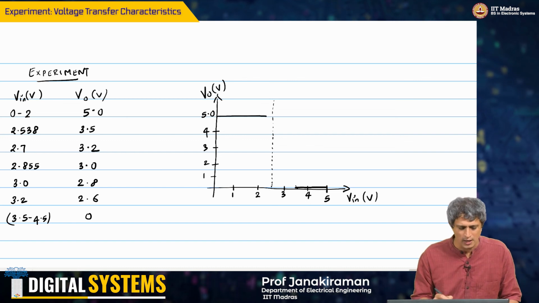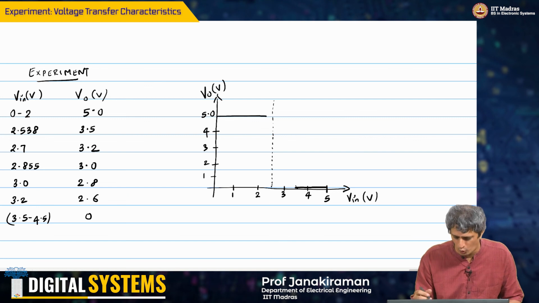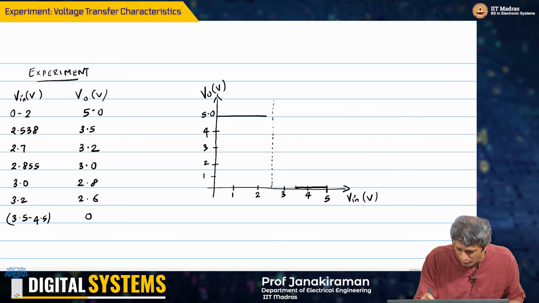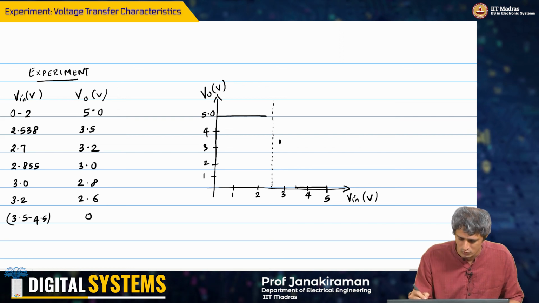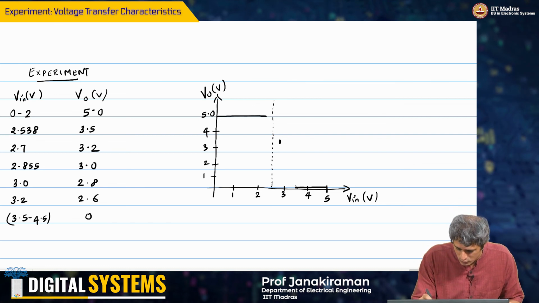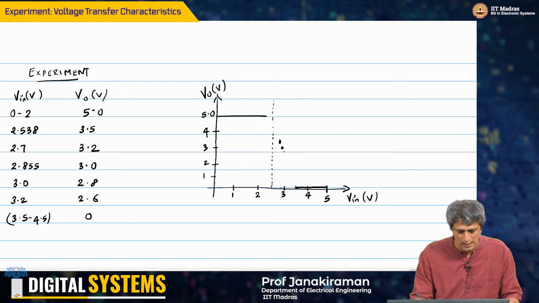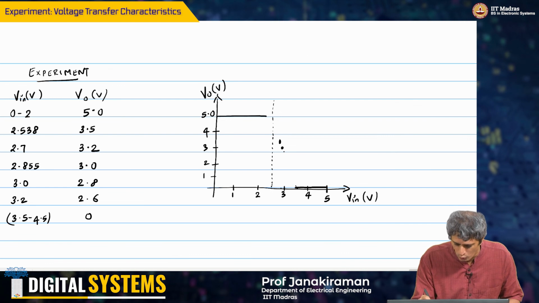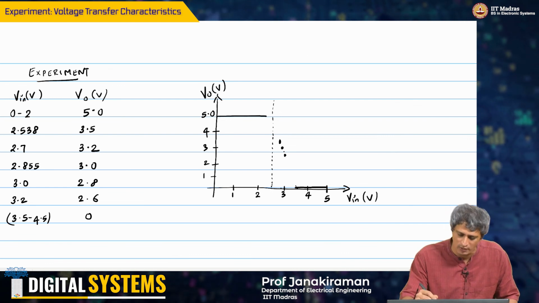So somewhere near 2.54 volts it has dropped to 3.5, right. So somewhere here, right. Then at 2.8 it has dropped to 3, which is 2.8, somewhere here it has dropped to 3, right, and then 3.2 it has dropped to 2.6, somewhere here. These are the measurements that we have.